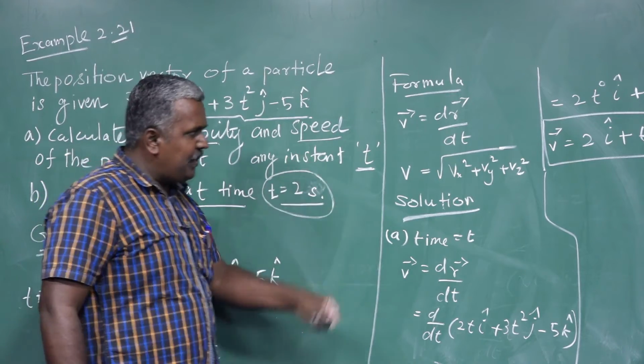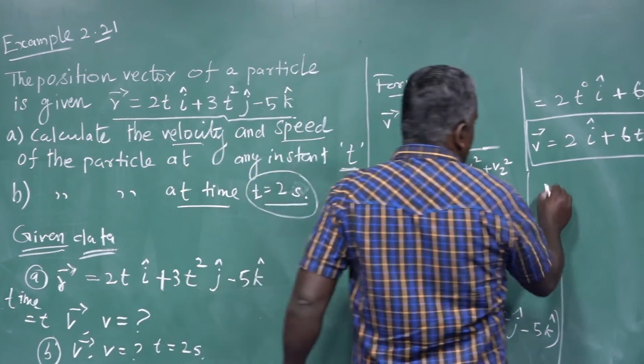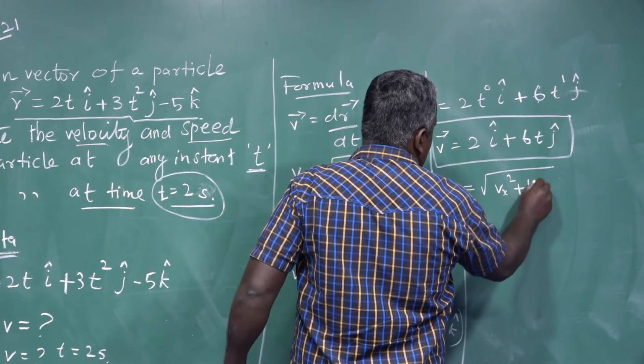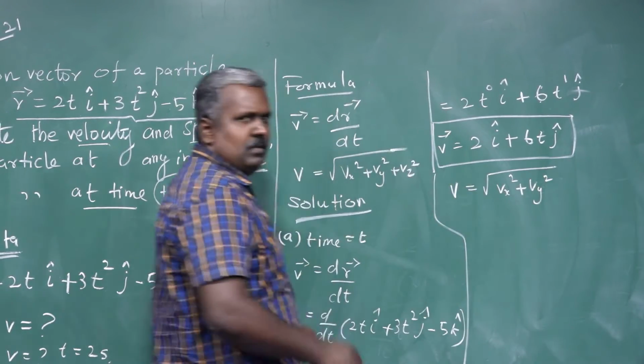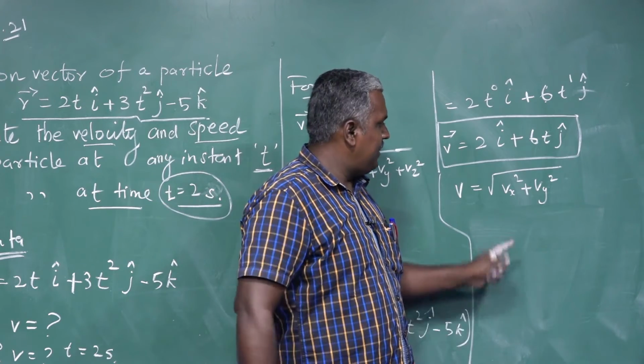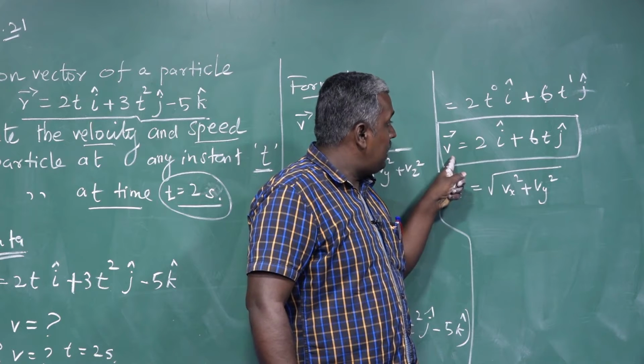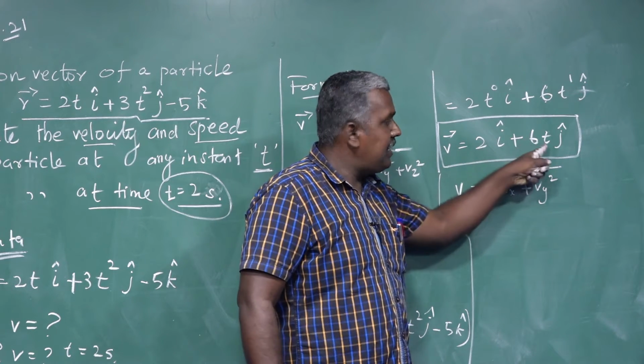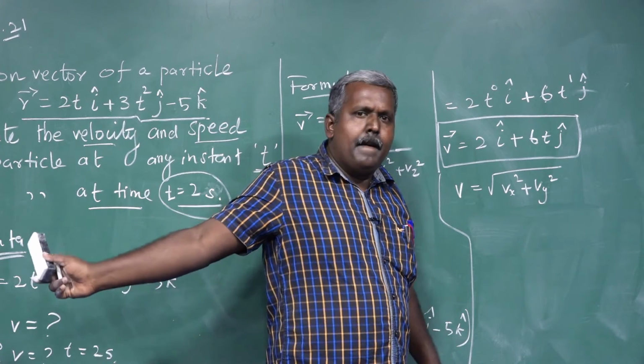Then speed, v is equal to root of vx square plus vy square. Velocity at a time t is already calculated.